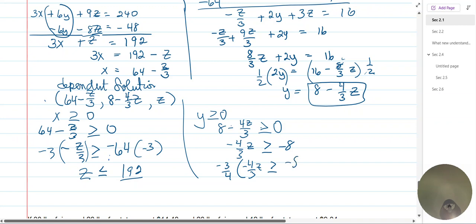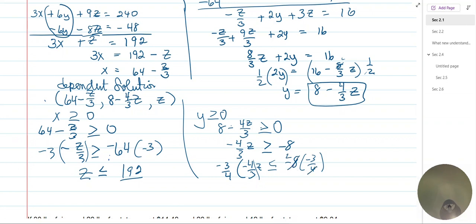That'll give me a -8 times a -3/4. Well, the 4 divides the 8 twice, and it's going to be a +6. So Z has 7 solutions between 0 and 6. It's 7 solutions. All right.